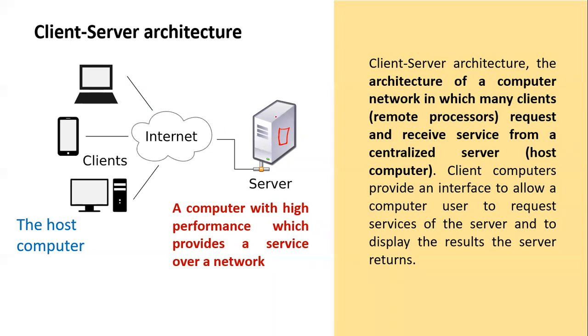So this computer must have higher performance than other computers. Normally a server will cost around 4 million, 5 million, because it must have high memory, high capacity, and a good internet connection. We also have to provide cooling systems for those, because they're going to heat up due to heavy traffic.